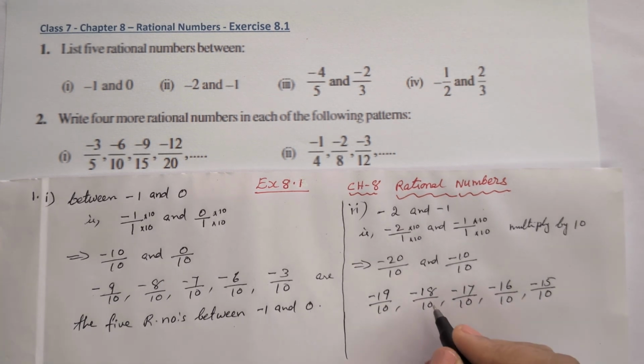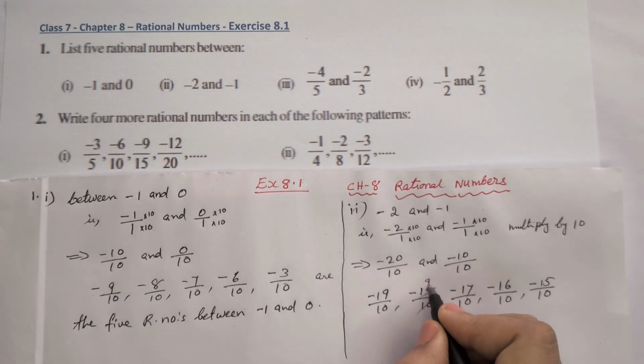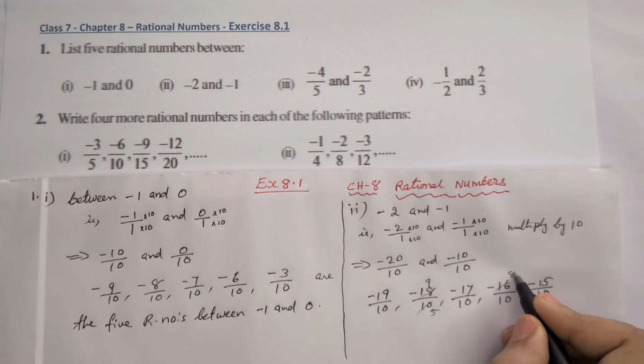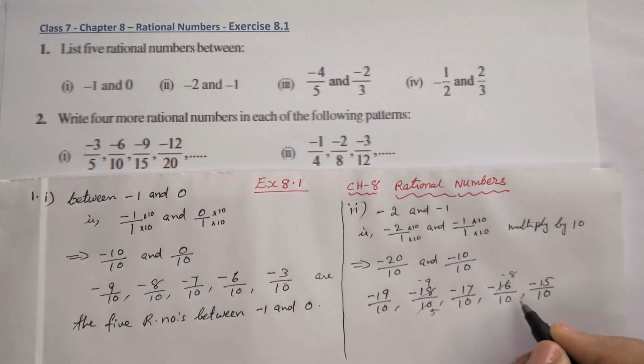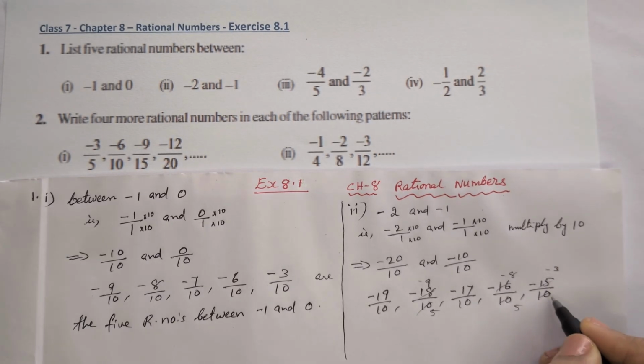If we want, we can simplify that. Here we are dividing by 2, it will come -9 by 5. Then this will come as -8 by 5. This will come as -3 by 2.